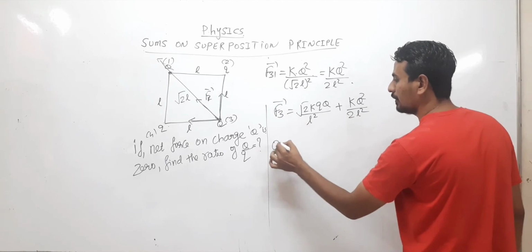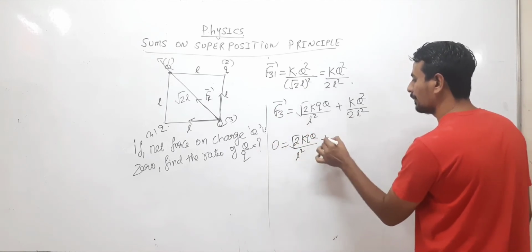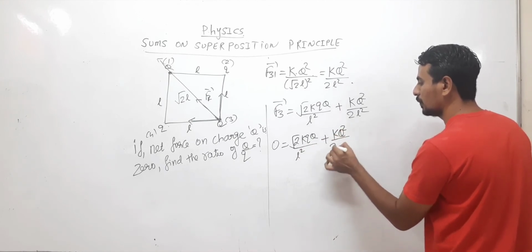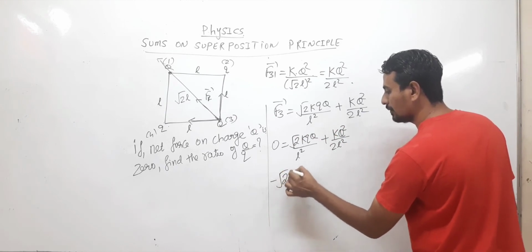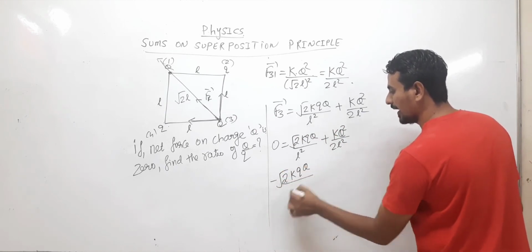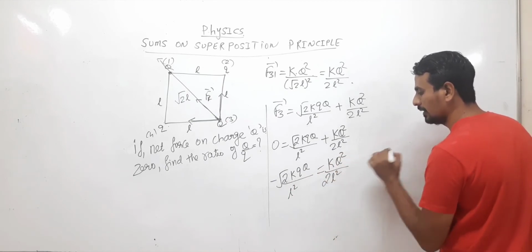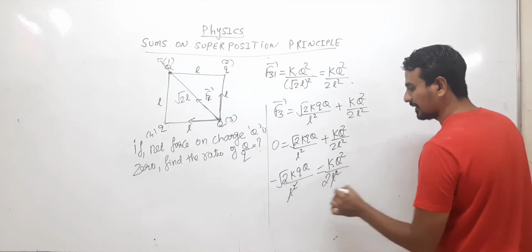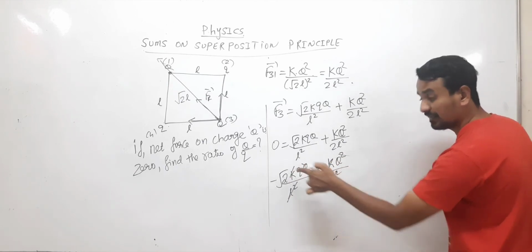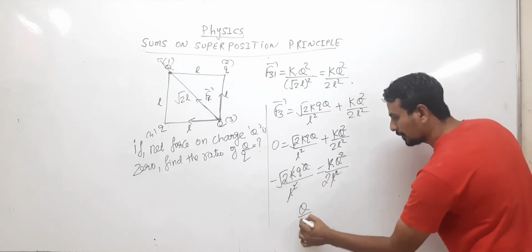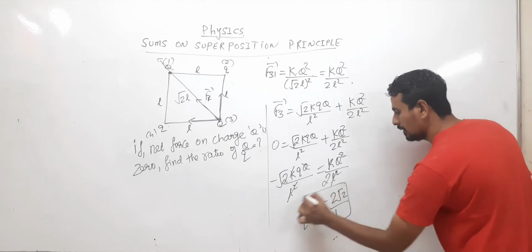So this will be 0 equals root 2 KQq by L square plus KQ square by 2L square. Take this term over that side. So it will be minus 2 root 2 KQq by L square equals KQ square upon 2L square. L square gets cancelled, K gets cancelled, one Q gets cancelled. So q by Q, this 2 will go over there, so q by Q will be equal to minus 2 root 2 is to 1.